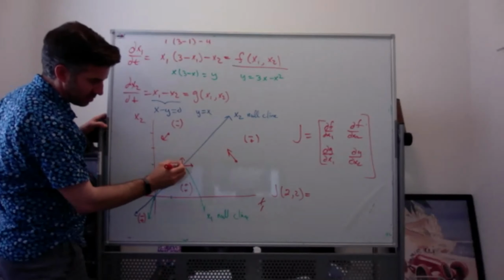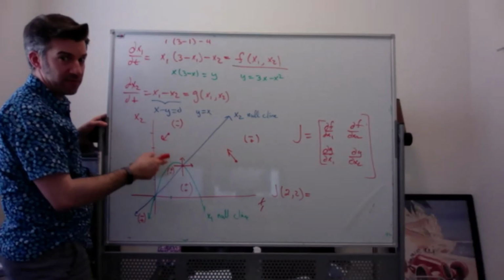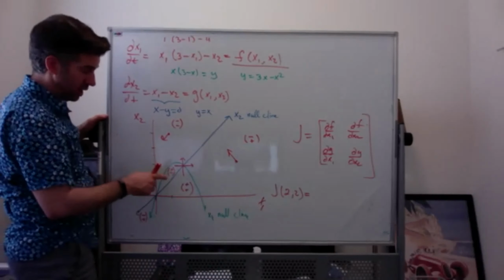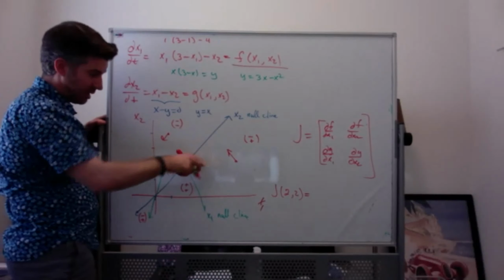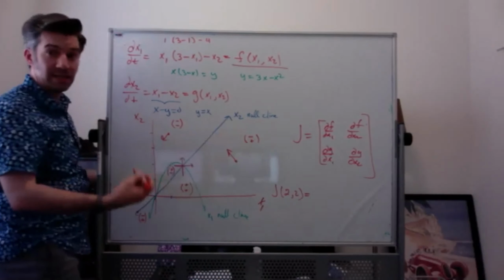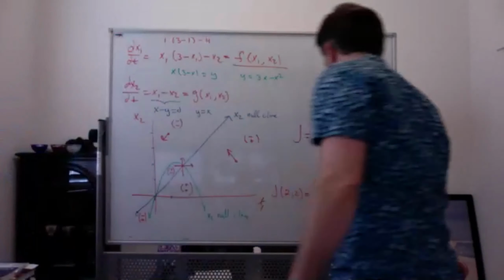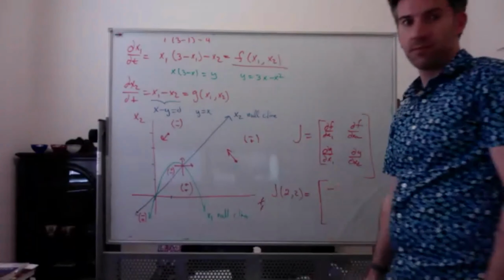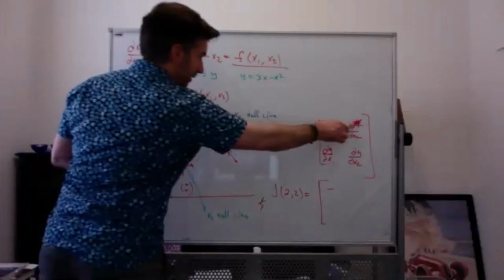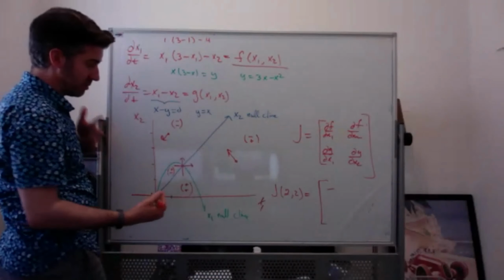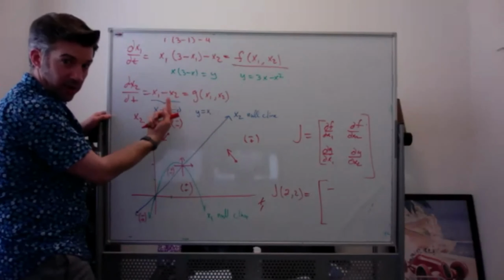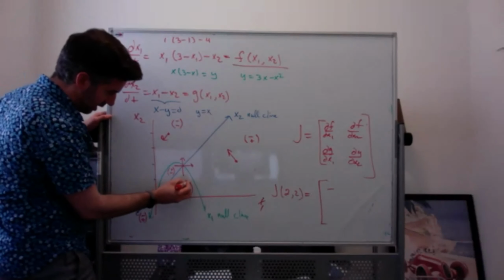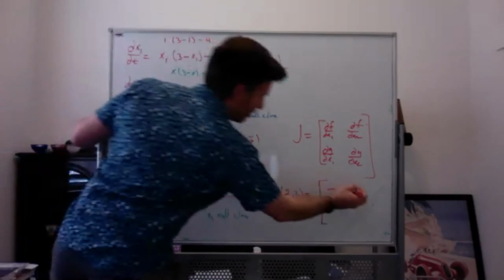So at this point, del f, del x1, the change in f as I move in the x1 direction, is from positive to negative, so it's a negative change. And then del f, del x2: I'm still asking how f is changing, but now when I move in the x2 direction, which is the y direction. So f goes from positive to negative, so it's also negative.